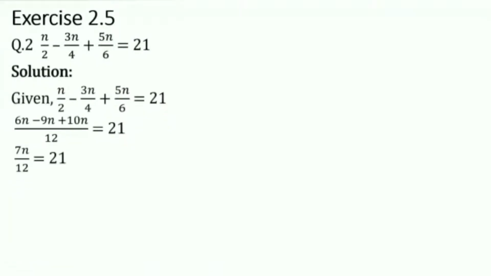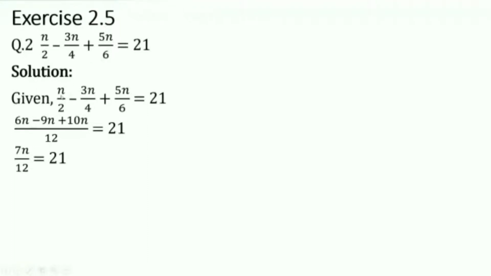Starting exercise 2.5, question number 2, you have n upon 2 minus 3n upon 4 plus 5n upon 6 is equal to 21. So here the LCM of 2, 4 and 6 is 12.